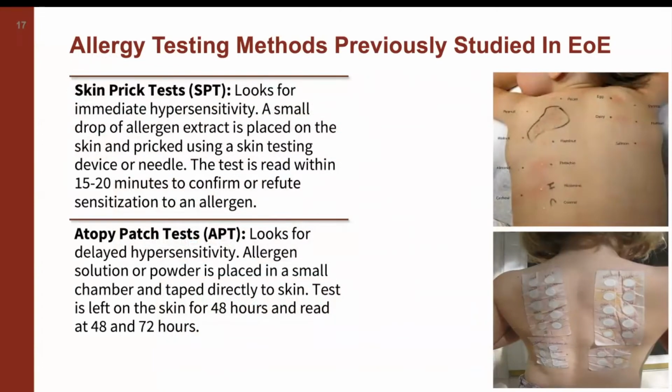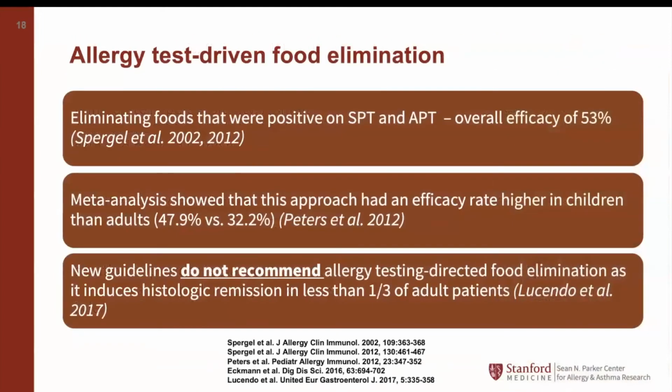And so early on, I'd say when we started looking at best ways to treat EOE, we would often use either skin prick testing or atopy patch tests. So these are two different ways of testing for food allergies. And we would use these to help eliminate specific foods from the diet.